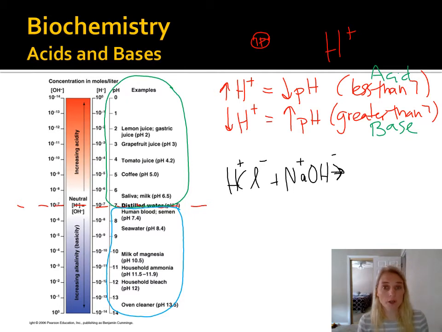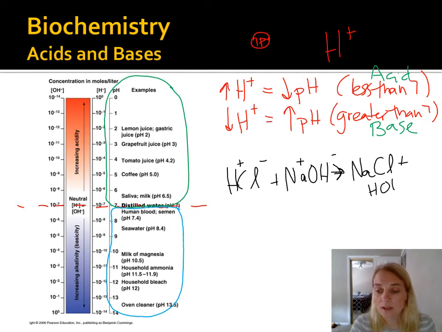If we're going to swap partners, we need a new positive-negative combination on the product side of our reaction. So let's say sodium is positive over here. We've got to swap it with the other negative. Hey, sodium chloride, we've seen that before. And now what's left over is an HOH, which we haven't really seen before, have we? What if we did it like this?